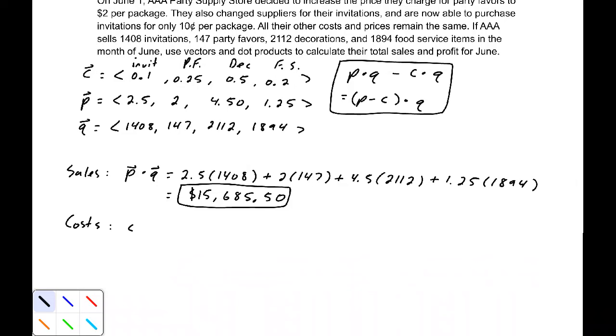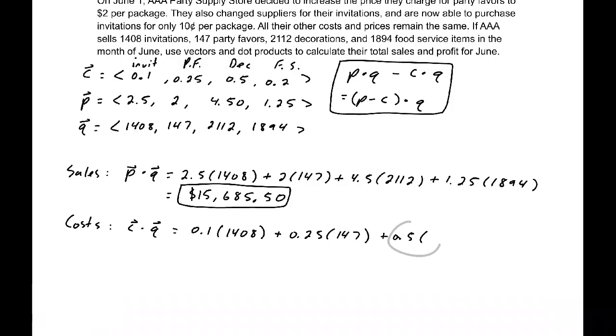Their costs would be vector C dotted with Q, the cost per item multiplied by the quantities. Now, using the two vectors we have up here, this would be 0.1 multiplied by 1,408 plus 0.25 multiplied by 147 plus 0.5 multiplied by 2,112 plus 0.2 multiplied by 1,894.